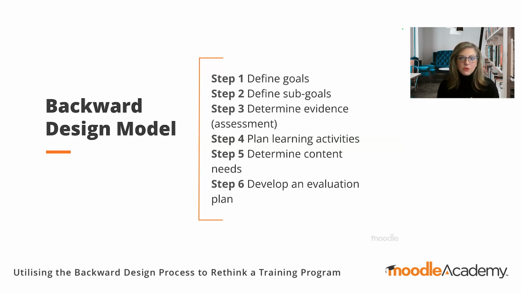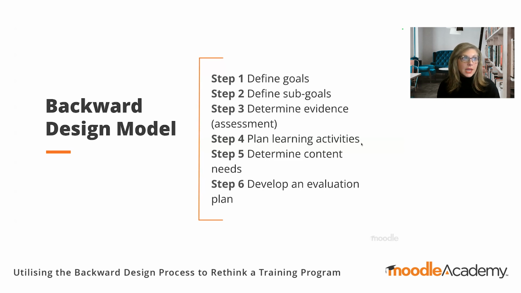And then also with that, determining the evidence is how it is going to be measured by their outcomes. Especially if we're thinking about a job or a task along the way, how are we going to ensure that they're able to complete that task? And there may be steps along the way.